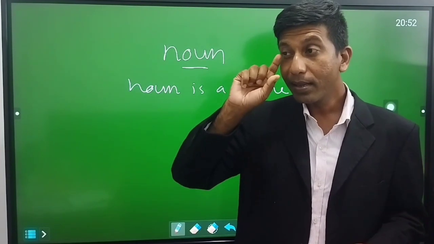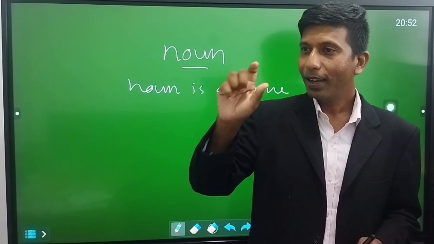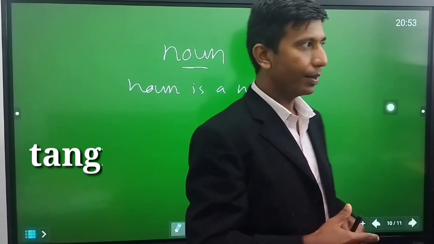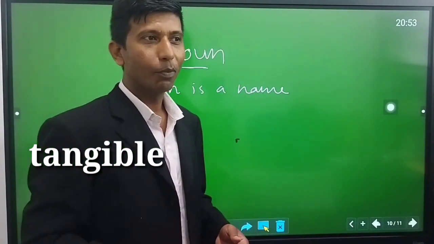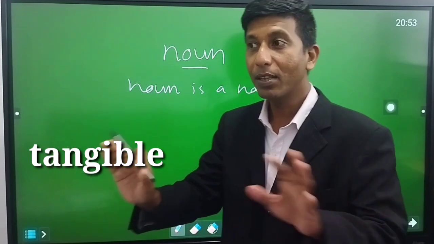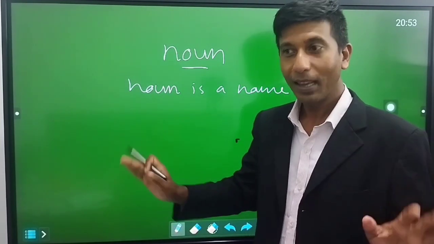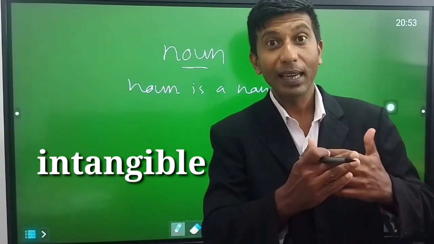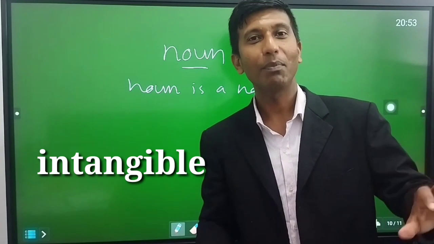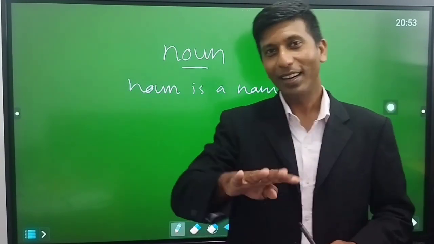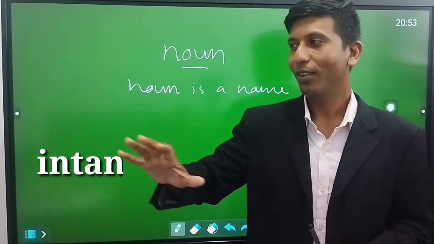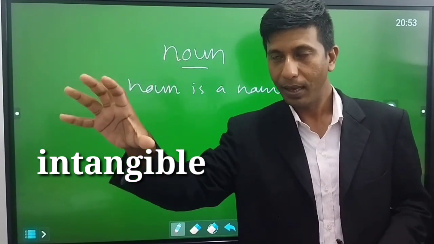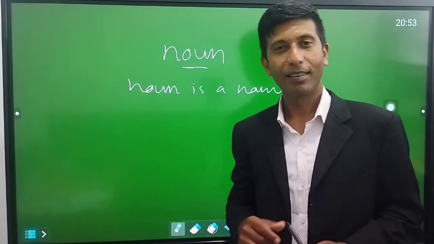When you can see, you call it visible. Now this body is visible to you. But oxygen is not visible. That means oxygen is invisible. It is invisible and you cannot touch, that means intangible. Now you learn 4 words. Tangible, you can touch. Intangible, you can't touch. Visible, you can see. Invisible, you can't see.